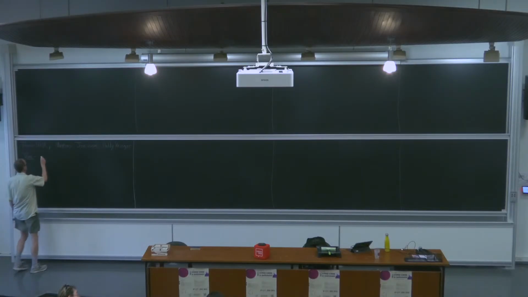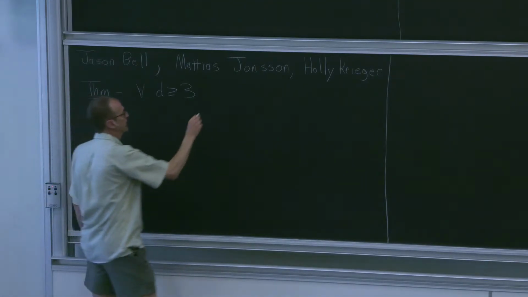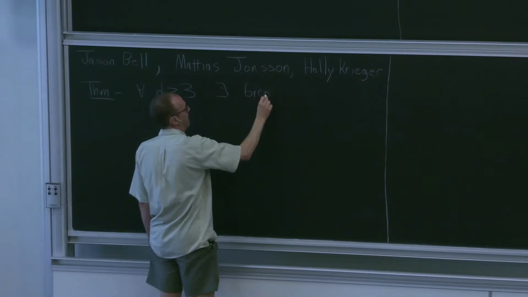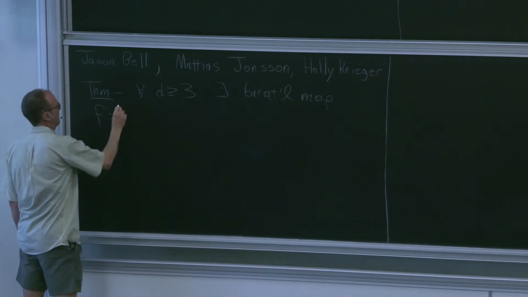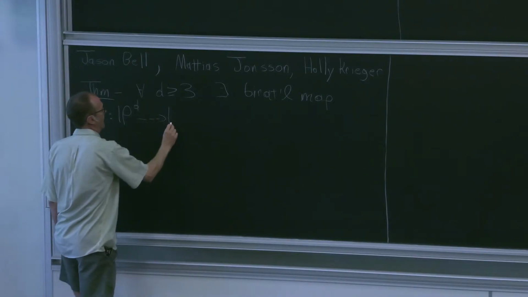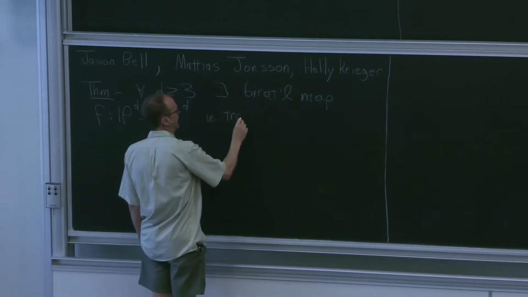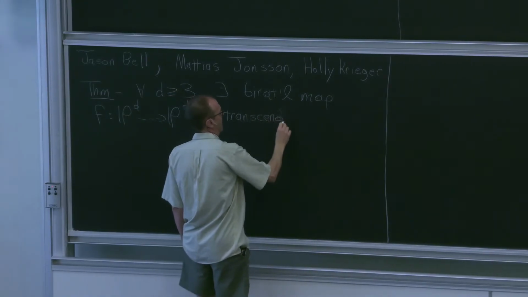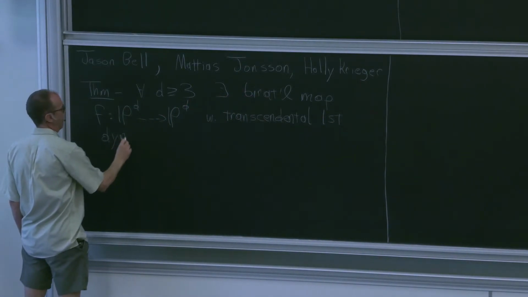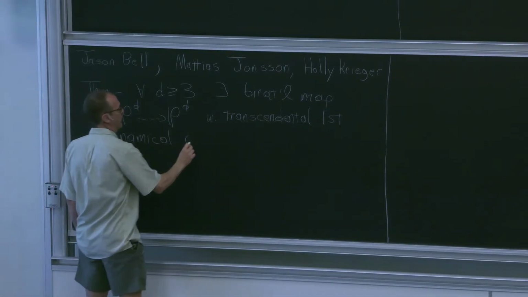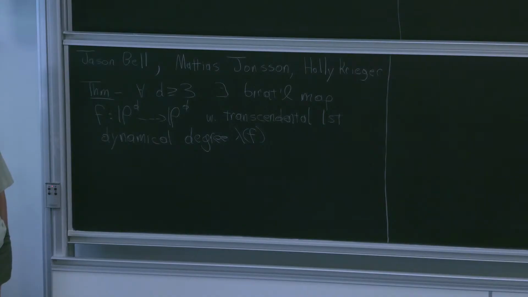The theorem advertised is: in every dimension bigger than or equal to 3, there exists a birational map from P^D to itself with transcendental first dynamical degree, which I'll denote by lambda of f.